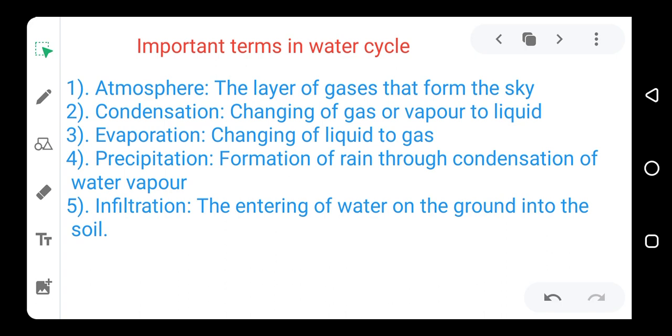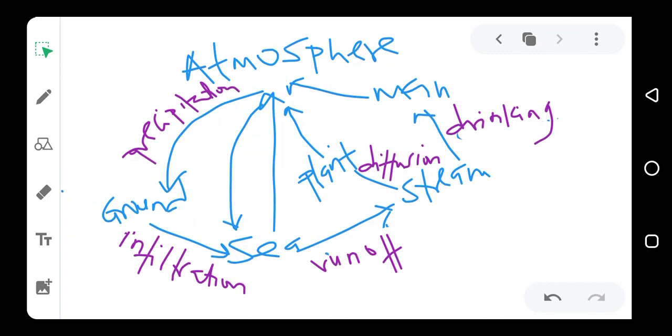Now let's look at water cycle, a structure or the cycle of the water, and see how it looks like. Now this is a typical example of water cycle. This is just a simple water cycle. It can have so many other sources, but this represents a simple water cycle.